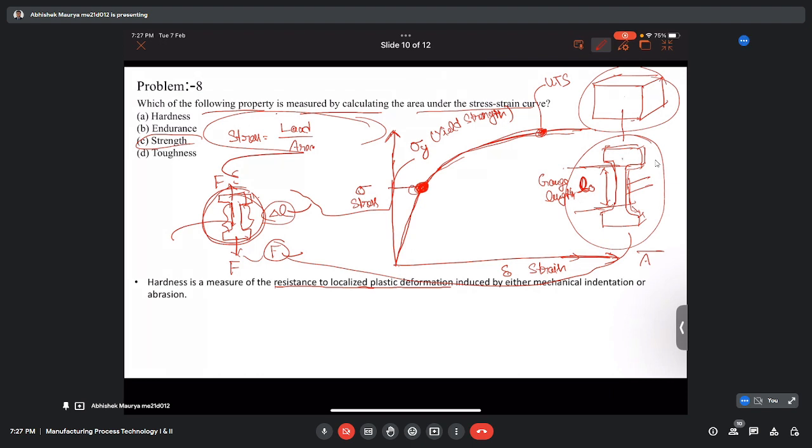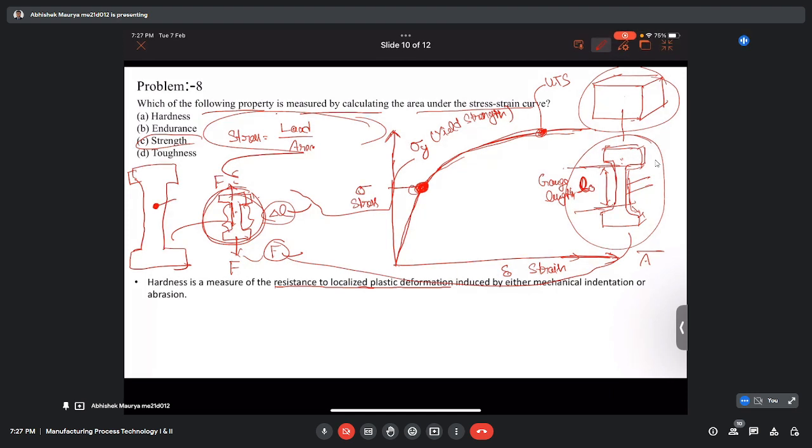Suppose we take this same specimen and plastically deform a very small region here, and ask how much resistance this material provides for this small deformation, that is associated with hardness.